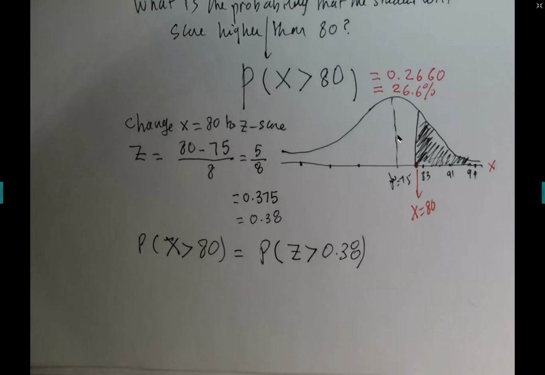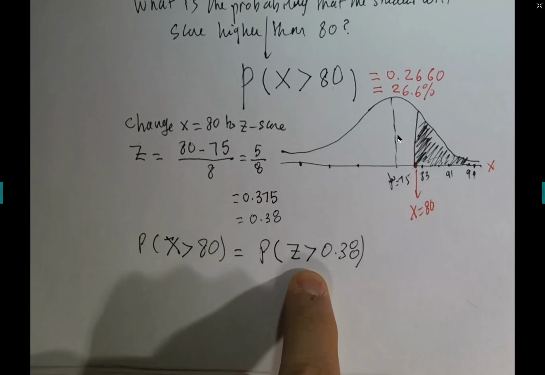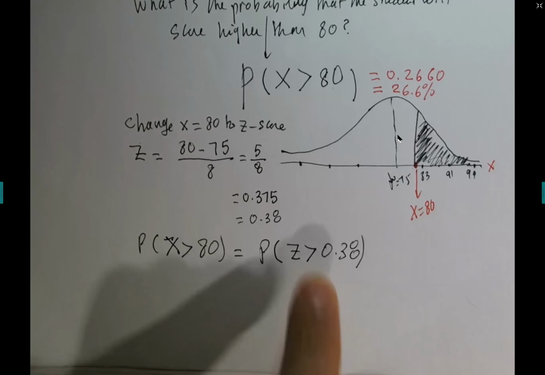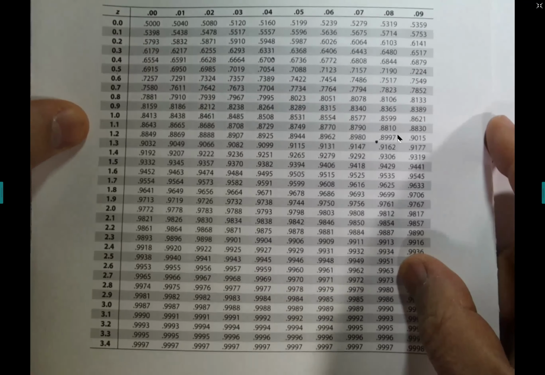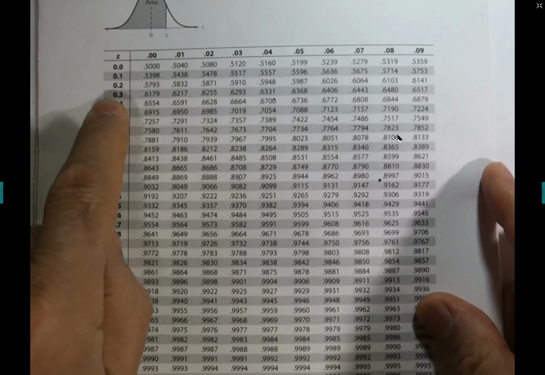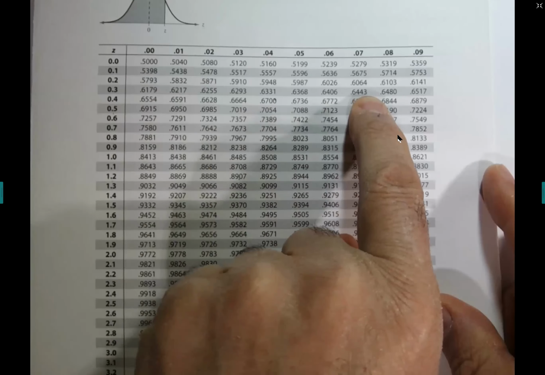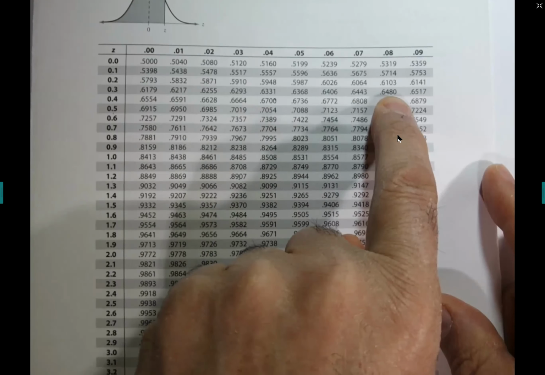Now I can go to the table and show you what the answer is. Remember, this is a greater than, which means area to the right. The table doesn't do area to the right, so whatever I get off the table, I have to subtract from 1. So it's a lot of work doing it by hand. 0.38, watch.